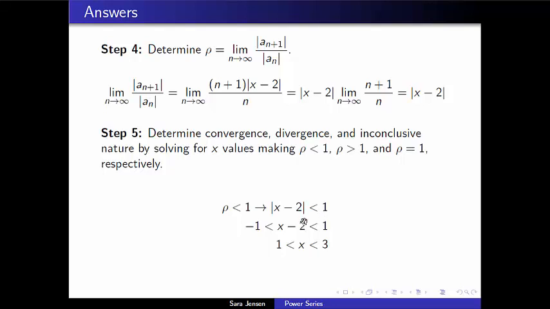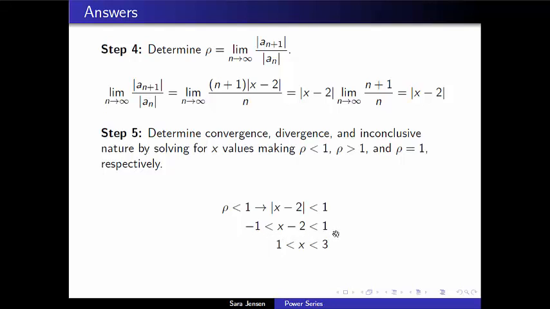We can remove those absolute value signs by sandwiching the x minus 2 between positive this value and negative this value. So we come up with this inequality, negative 1 less than x minus 2 less than 1.